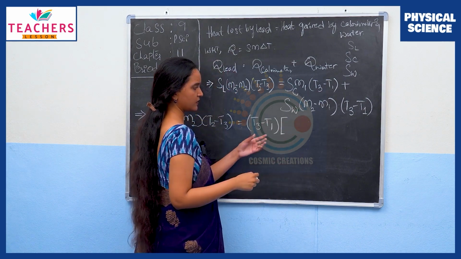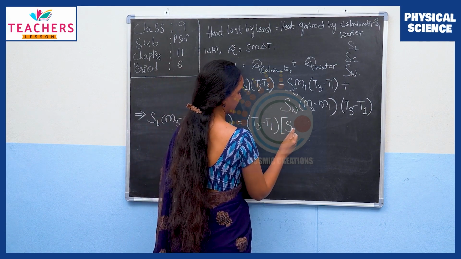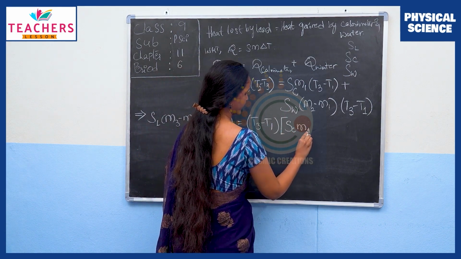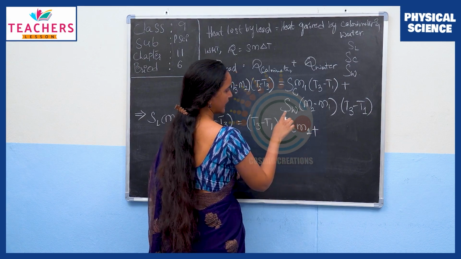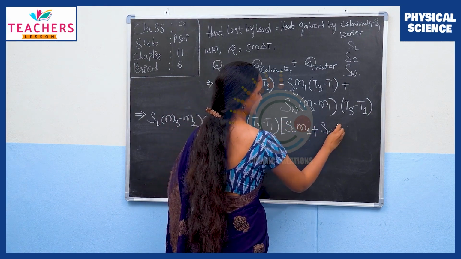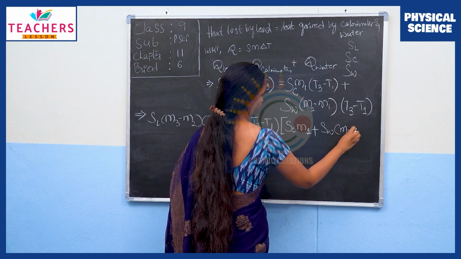Once T3 minus T1 is taken out as common term, we are left with SCM1 here plus SW M2 minus M1.